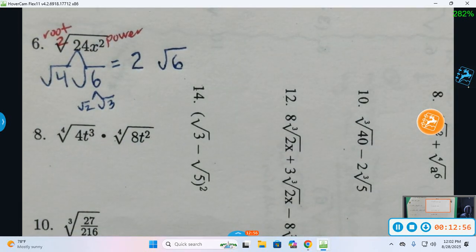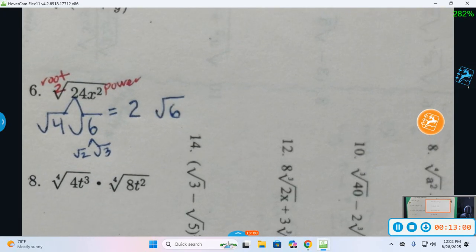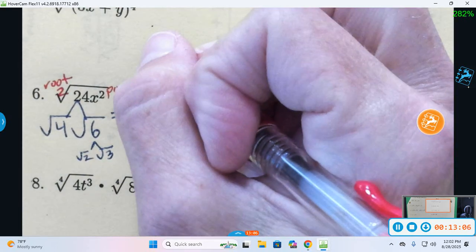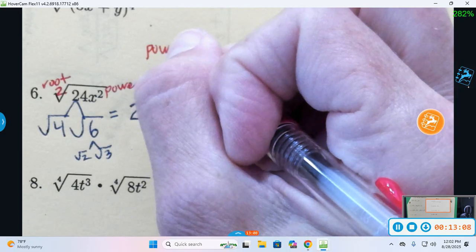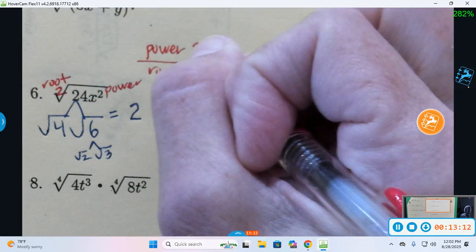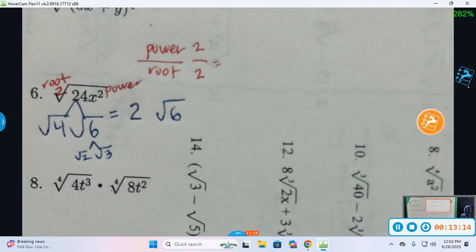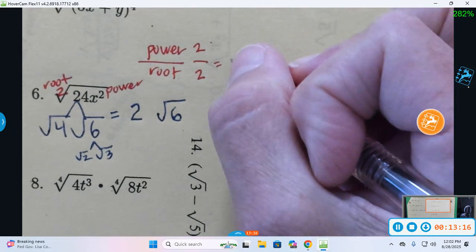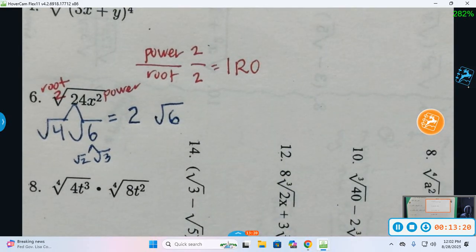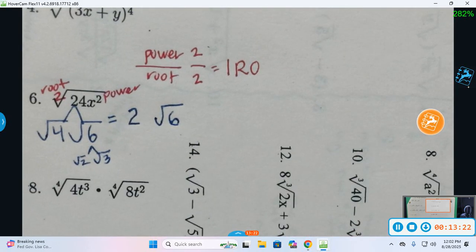So what we're going to do, I'm going to slide my paper down a little bit so I can write this. We're going to divide the power, which is 2, by the root, which in this case is also 2. Now, what's 2 divided by 2? 1. We have 1 remainder 0. So is the root always going to be 2?